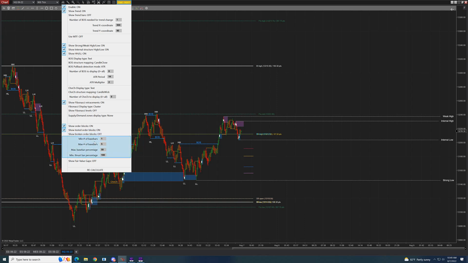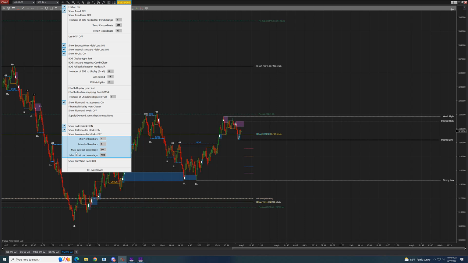The minimum number of bars for a base would be 1. This is the default. I suggest you stick with these and experiment a little bit, but if you make the number of baseline bars too many, then you won't get any order blocks. If you make the max number too many, again, it'll reduce the numbers here. So this is a good way to start with it.